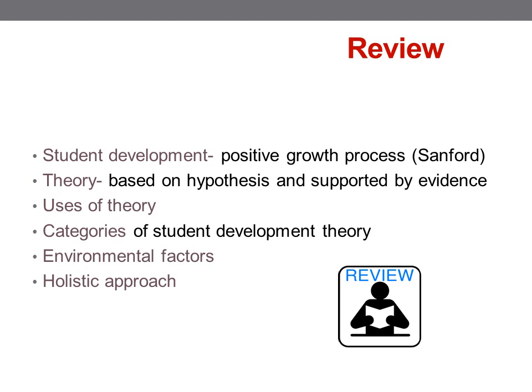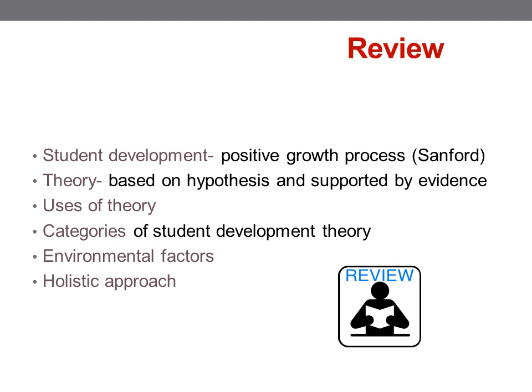So in review, we look back at how we define student development, and Sanford talked about it being a positive growth process, this forward movement. That theory is based on hypothesis and supported by evidence. That there's a number of uses of theory. It could be used to explain, to describe what students are going through.